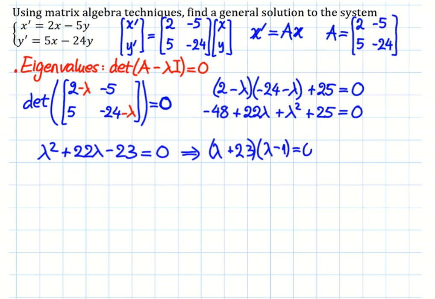So we have two eigenvalues, lambda equal to 1 and lambda equal to -23. Lambda 1 is 1, lambda 2 is -23. So we have two eigenvalues.